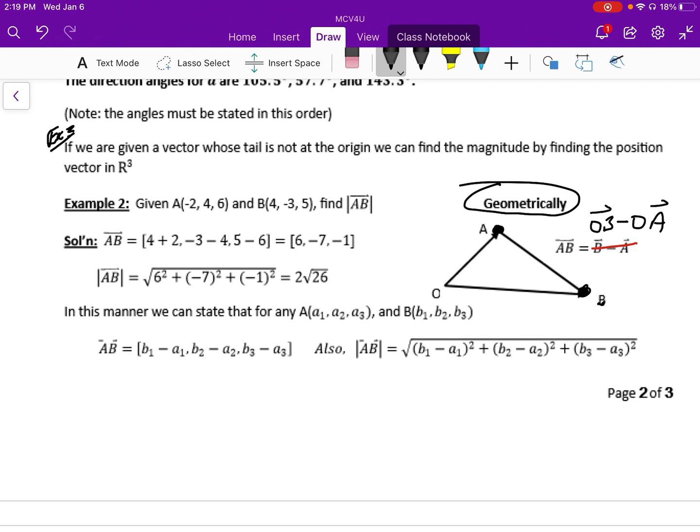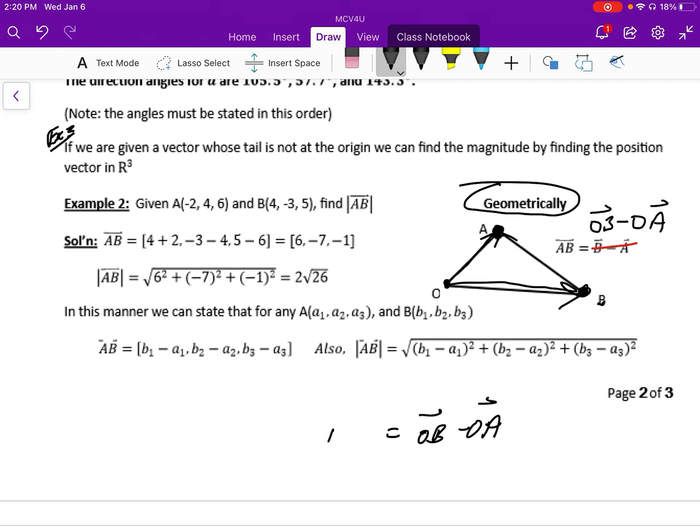Understand that if we take from the origin the vector OA and then the vector OB, OA and OB are set up tail to tail. We're set up as a subtraction. And remember, it goes from the head of the second to the head of the first. So it starts at A and goes to B. That means that point A is the second one, so from the head of the second to the head of the first, we end up with OB minus OA.